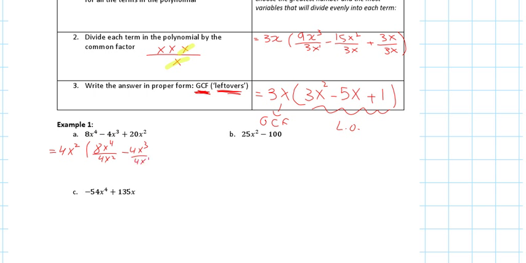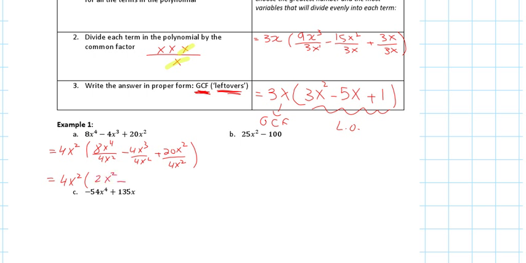Because what was my lowest exponent up there? Okay, so what do I have left? What's 8x to the power of 4 divided by 4x squared? 8 divided by 4 is 2. x to the 4 divided by x squared is x squared.